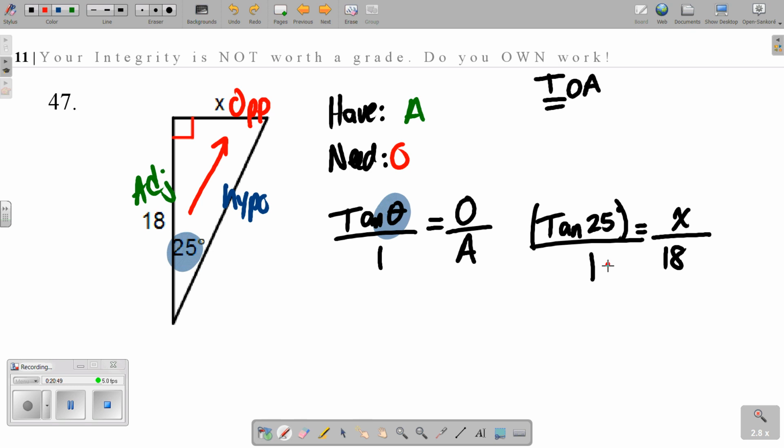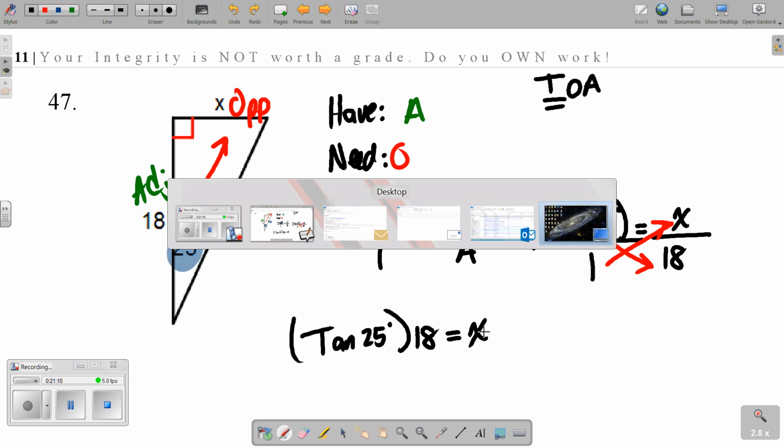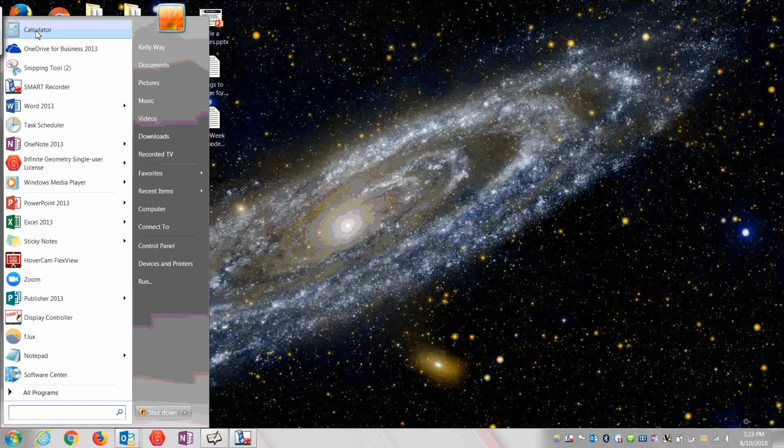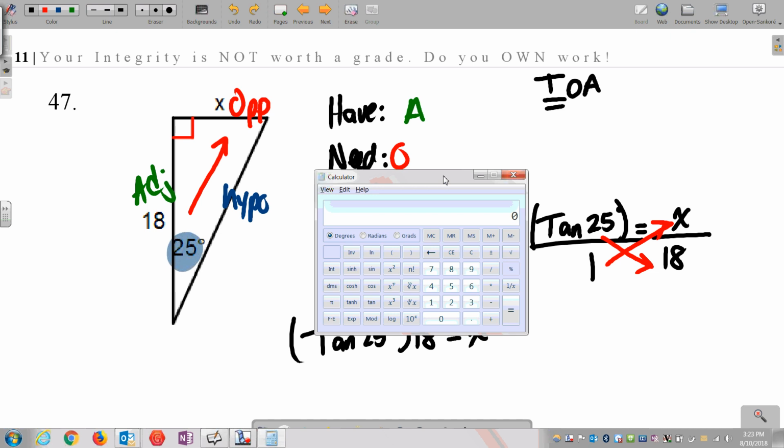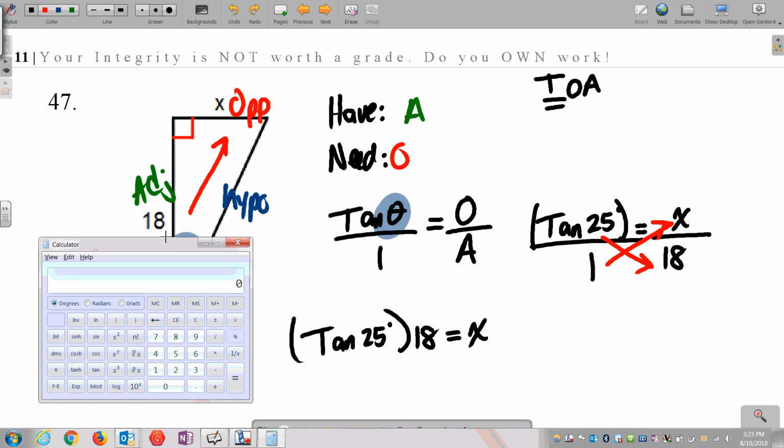Don't touch a calculator until your x is completely by itself. So tangent 25 times 18. Take a look here. Get your calculators out. See if you get the same answer as me.